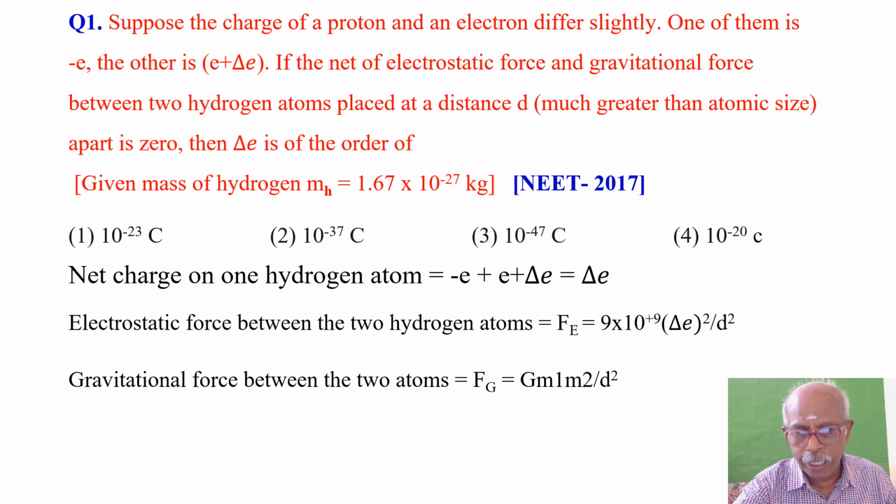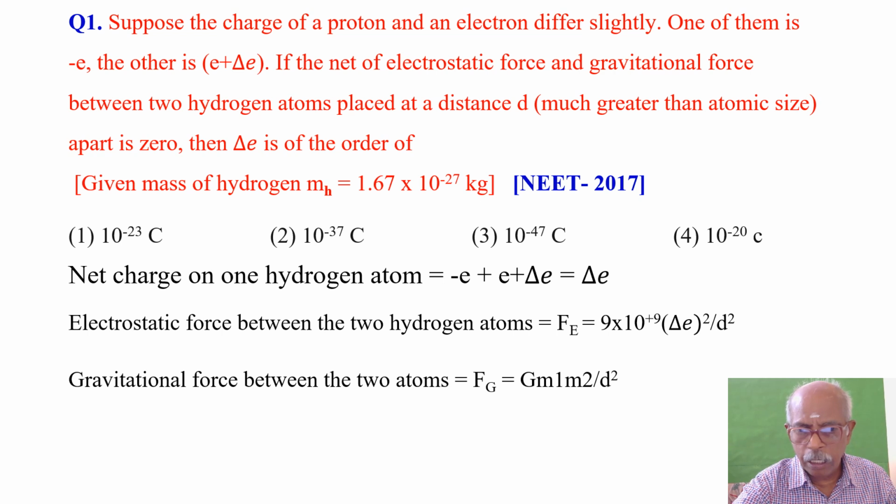Q1 is delta e and Q2 is also delta e, so Q1 Q2 is delta e the whole square. So Fe is equal to 9 into 10 power plus 9 into delta e the whole square divided by d square.